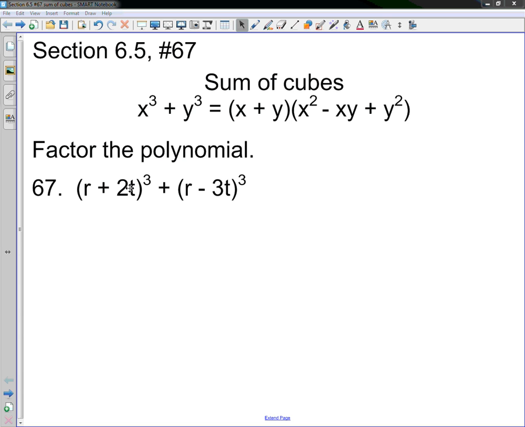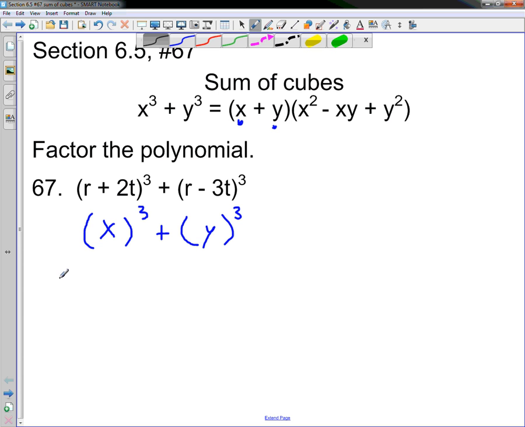This whole first term is considered my x cubed, and then the second binomial is my y cubed. So that's going to be my y value, that's going to be my x value, and then I'm just going to plug them in where x and y are in my formula.